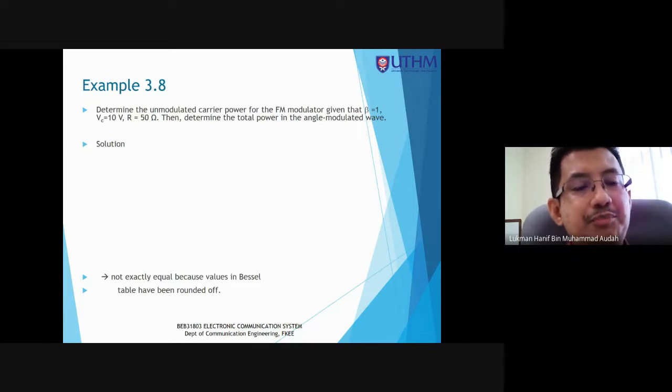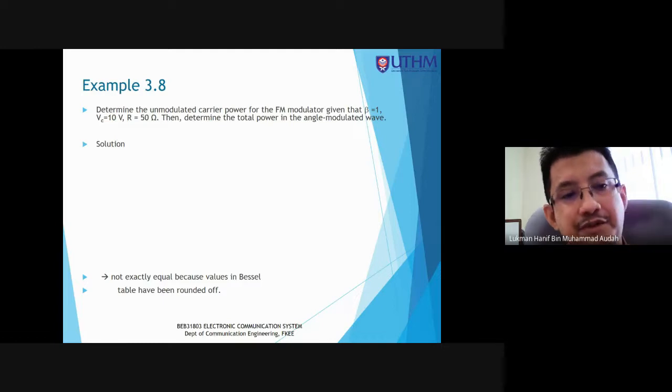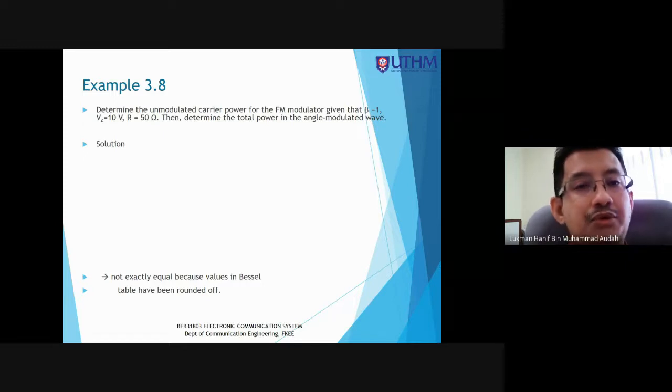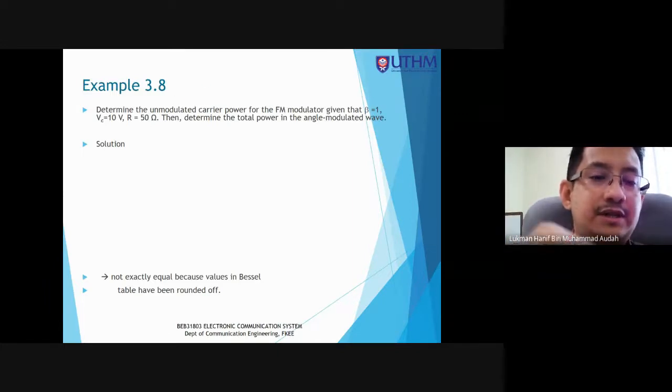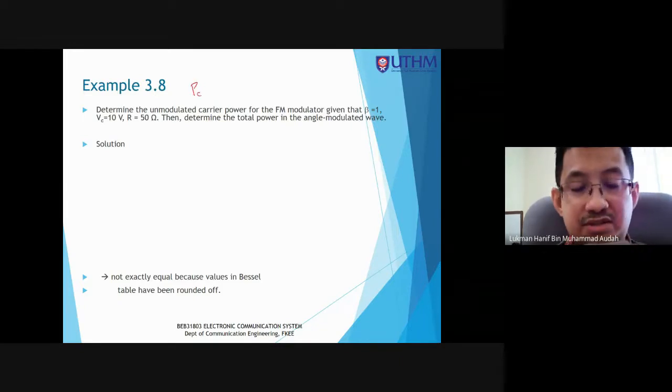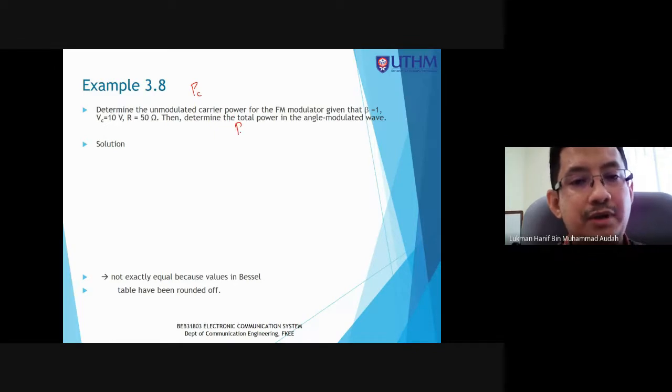Okay, example 3.8. Determine the unmodulated carrier power for the FM modulator given that beta equal to 1, VC equal to 10 volt, R of 50 ohm, then determine the total power in the angle modulated wave. So soalan sebenarnya tanya dua perkara. Satu, determine the unmodulated carrier power which is equal to PC. Then the second question asks you to find the total power PT.